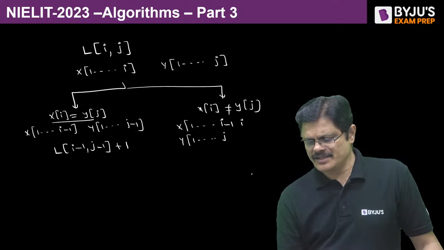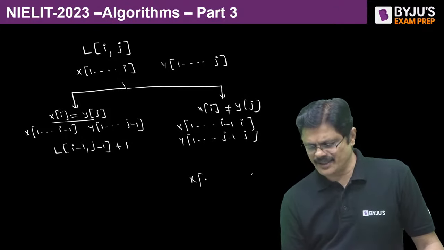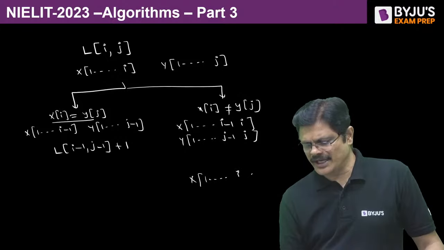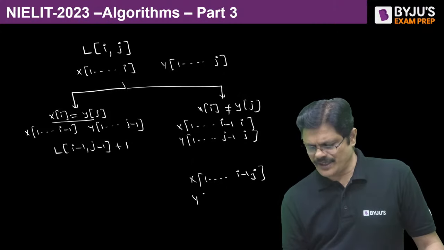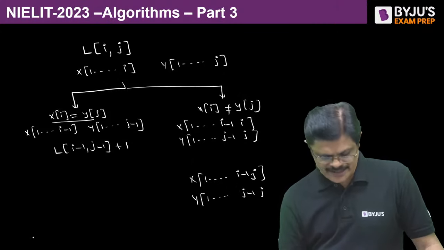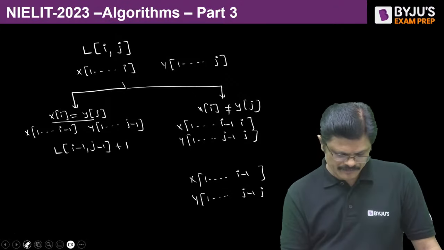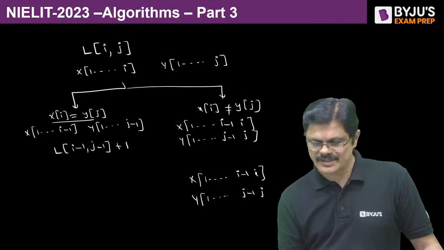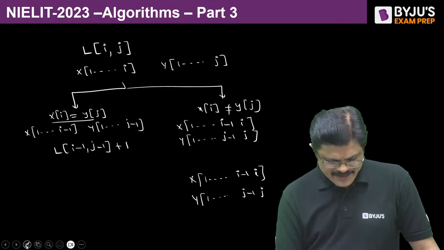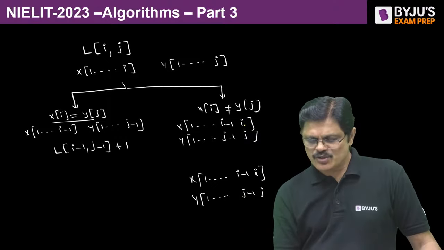If xi and yj are not matching, this pair is useless.